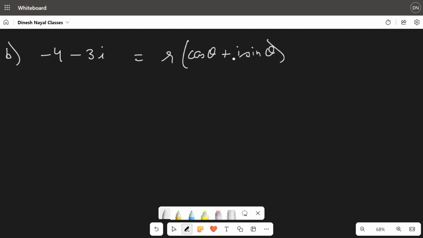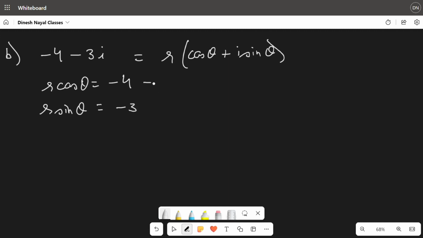Now comparing the real and imaginary parts, we see that r cos theta equals minus 4, and r sin theta is minus 3.